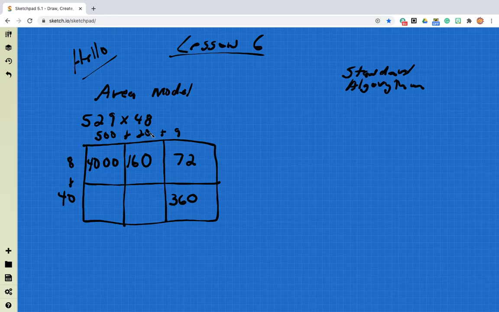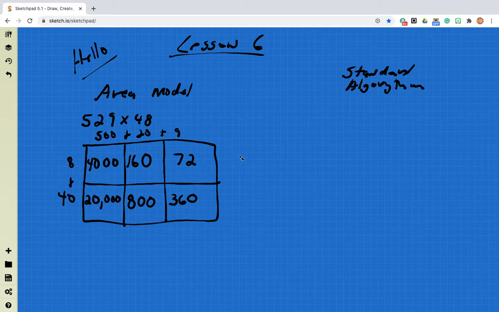Well, 4 times 2 is 8. But tens times tens is 100. Looking at 40 times 500. 4 times 5, that's just 20. But tens times hundreds. 10 times 100, those are thousands. So we got 20 thousands.